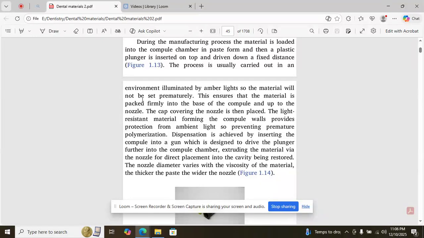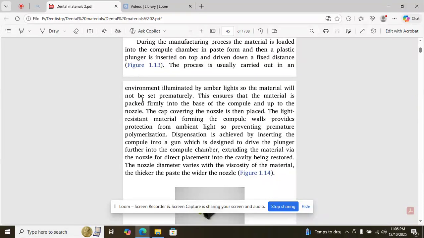This ensures that the material is packed firmly into the base of the compule and up to the nozzle. The cap covering the nozzle is then placed. The light-resistant material forming the compule walls provides protection from ambient light, so preventing premature polymerization.